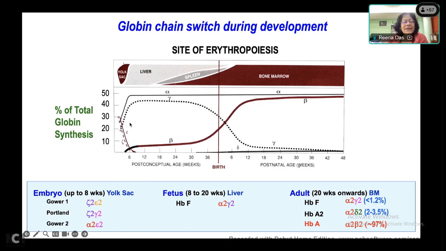Whereas the gamma chain production in the fetus is high, and after birth only you will find that the reduction of the gamma chain happens and the beta chain actually takes over just when the child starts breathing. So the adult hemoglobin you will find has a composition of 2 alpha, 2 beta, which is 97%.